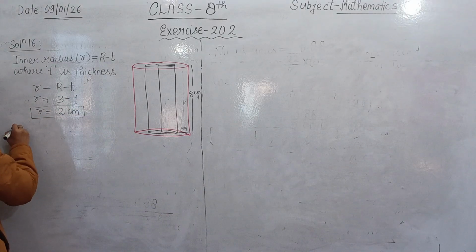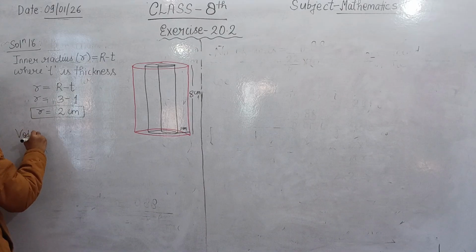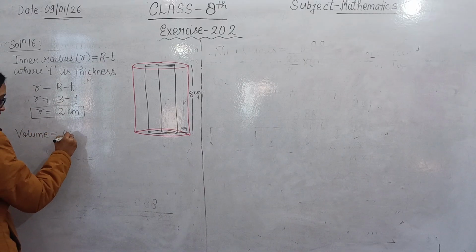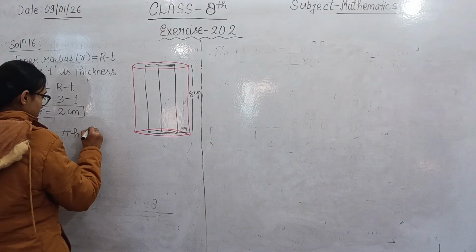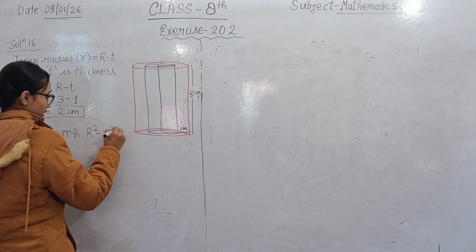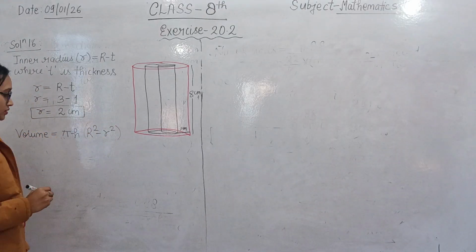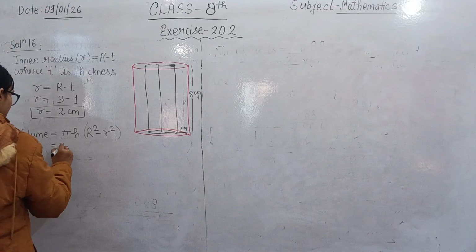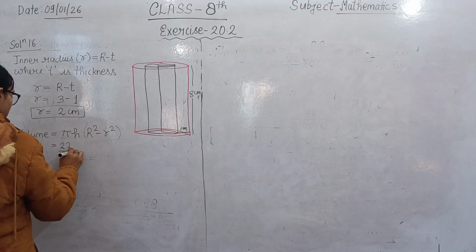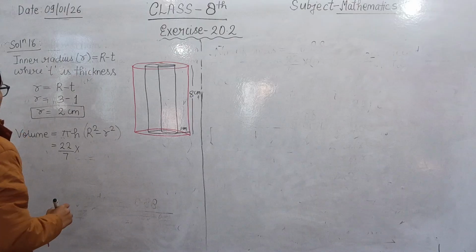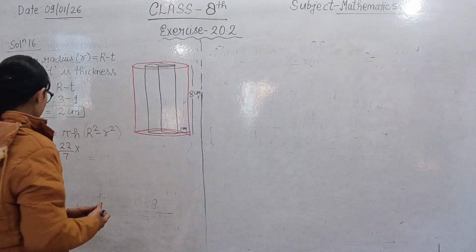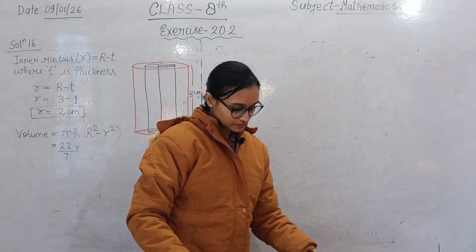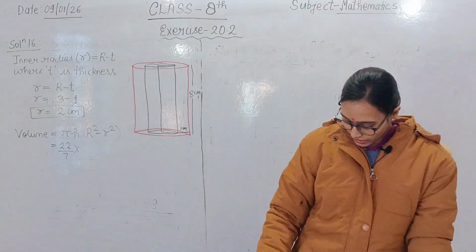Now we will calculate the volume. So volume of hollow cylinder is given by pi h times capital R square minus small r square. Value of pi is 22 upon 7. Height h is given as 8 centimeter.